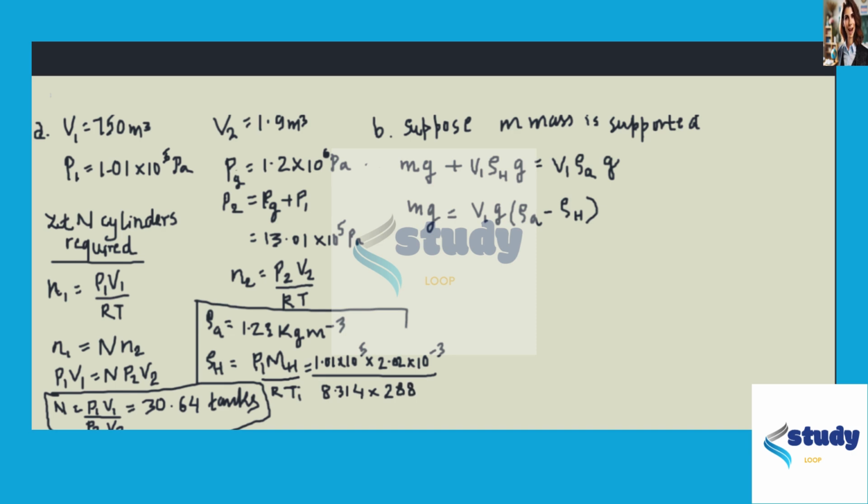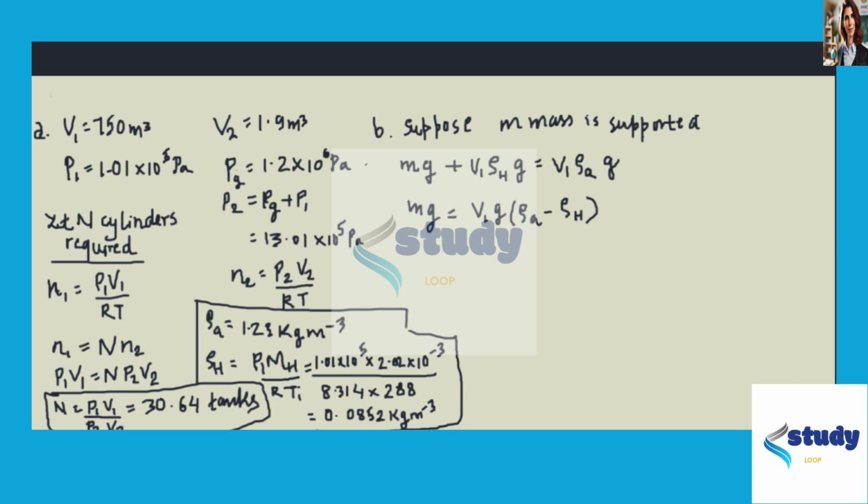This comes out to be 0.0852 kg per meter cube. So we found the density of hydrogen.